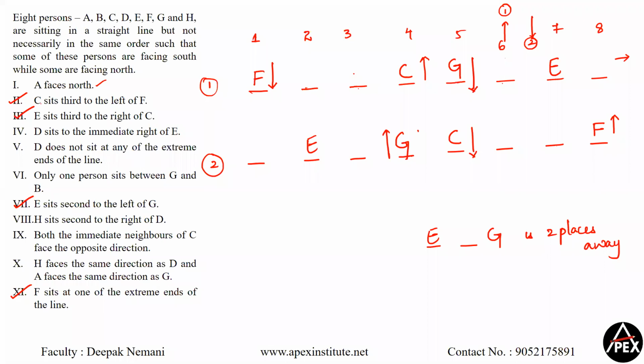If I consider statement 6, I will be getting the definite position of B. A faces the same direction as G. Because only one person sits between G and B, it can be either G dash B or B dash G. You should be having only one person sitting between G and B. Yes, 5 can also be considered.